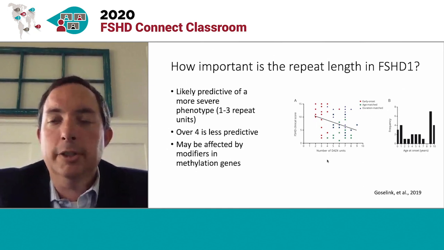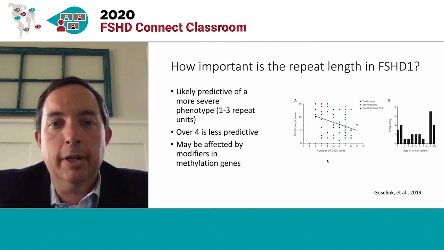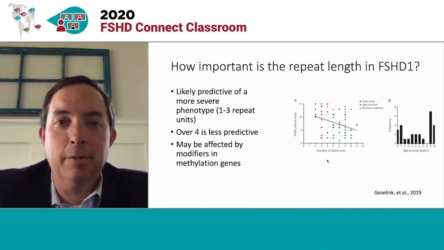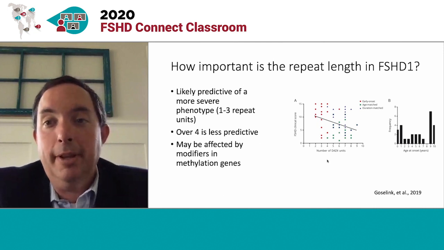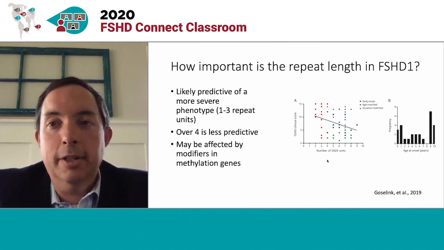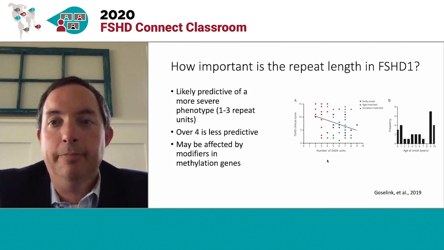So one of the questions that falls from getting the first diagnosis is, all right, specifically for FSHD1, how important is the repeat length? You get a test result back saying that you've got 3 repeats or 8 repeats. How important is that?